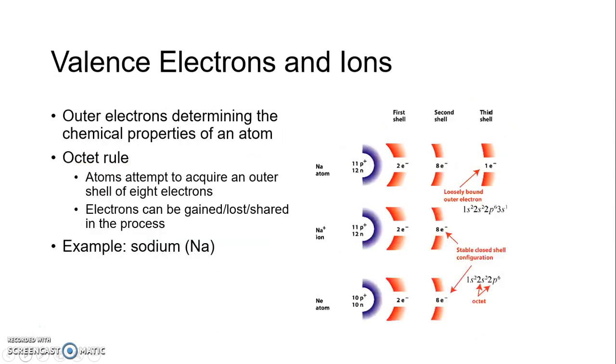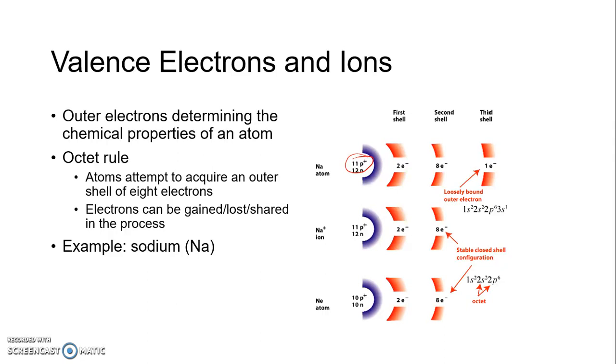Now, the chemical properties of an individual atom are determined by the outermost electrons. Let's take an example of a sodium atom. A sodium atom has 11 protons, and so in order to be neutral, there need to be 11 electrons.